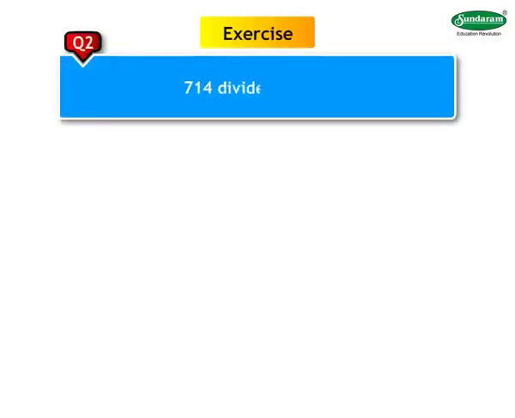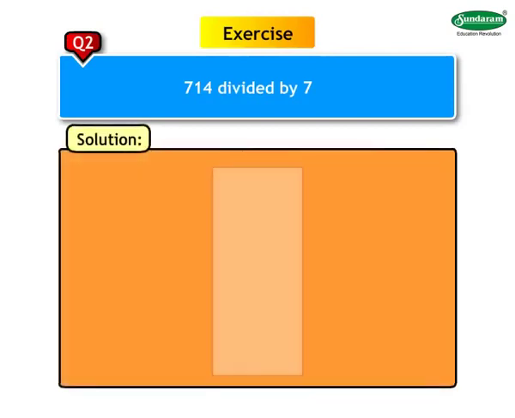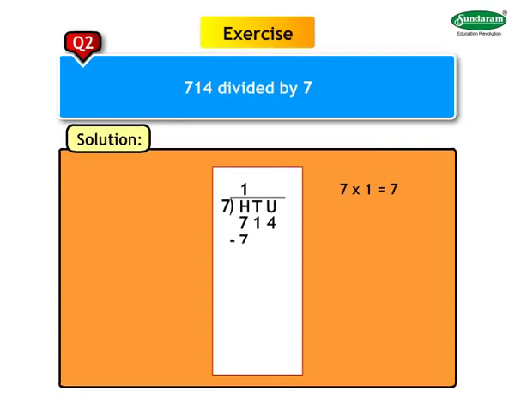714 divided by 7. Here, the divisor is 7. First, dividing 7 in the hundreds place by 7, we get the quotient as 1 in the hundreds place. Therefore, we will write 1 in the hundreds place of the quotient and 7 below 7. Subtracting 7 minus 7, we get 0, which is our remainder.